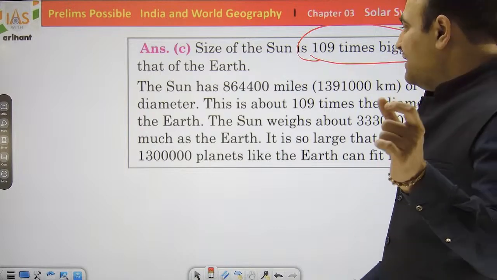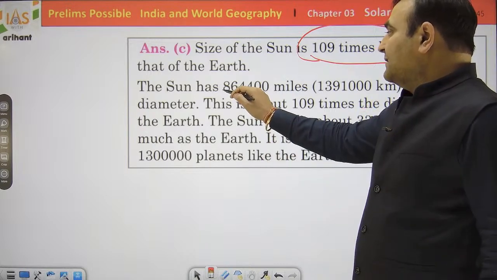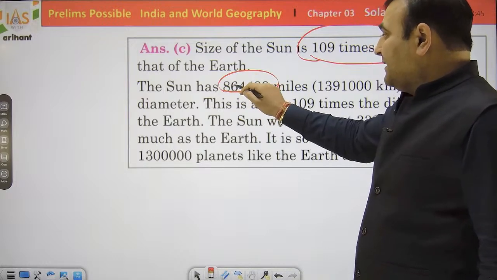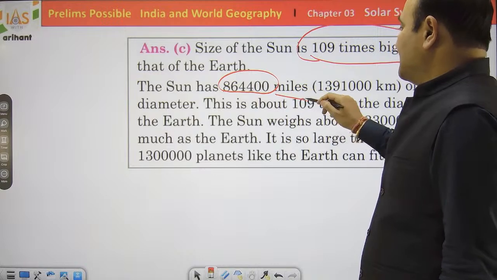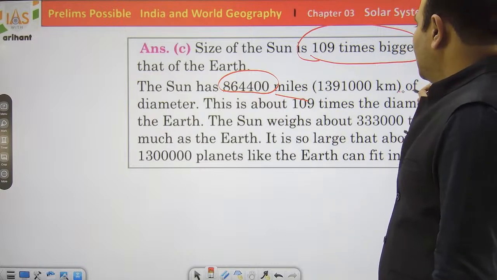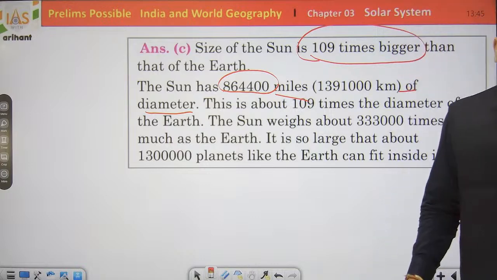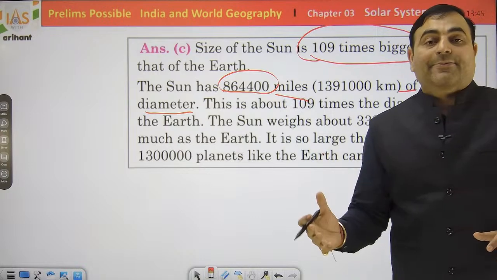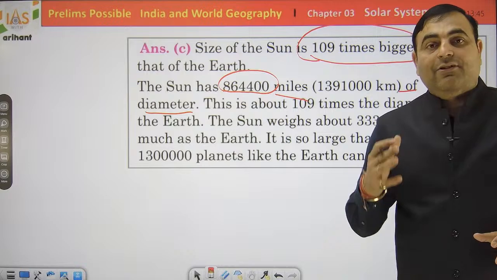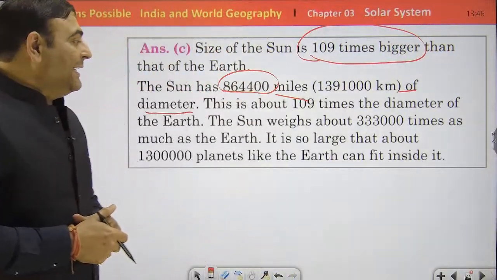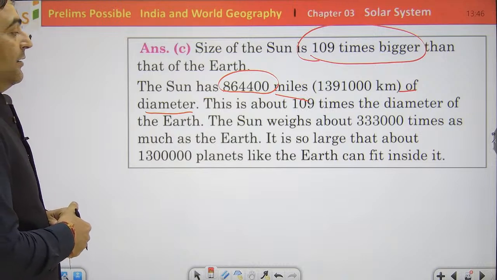The diameter is 8,64,400 miles, which is approximately 109 times the size of the earth.